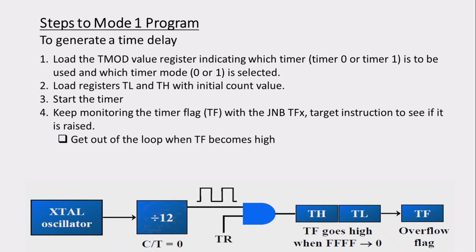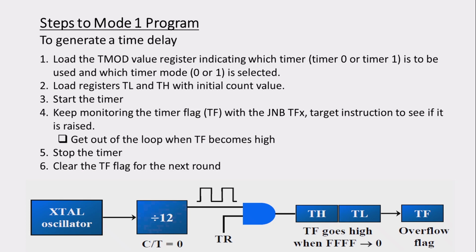After that, I should come out of that particular loop and stop the timer. Once the timer has been stopped, I need to clear the TF flag, in order to go back to my next round.